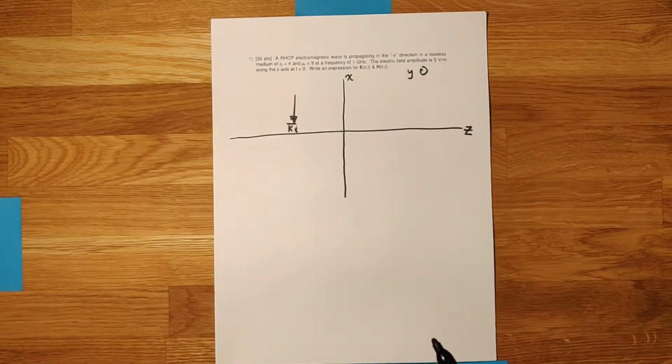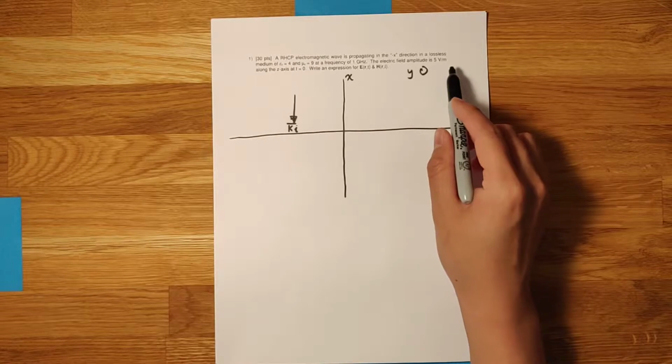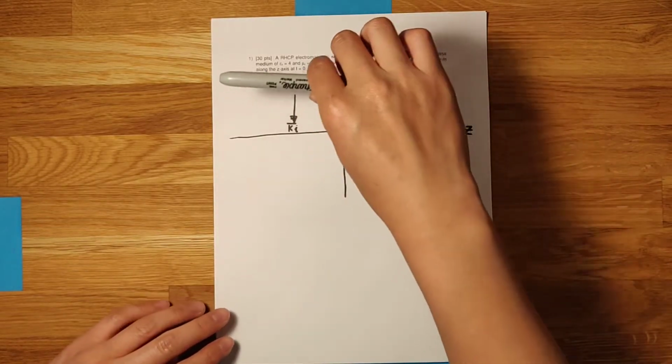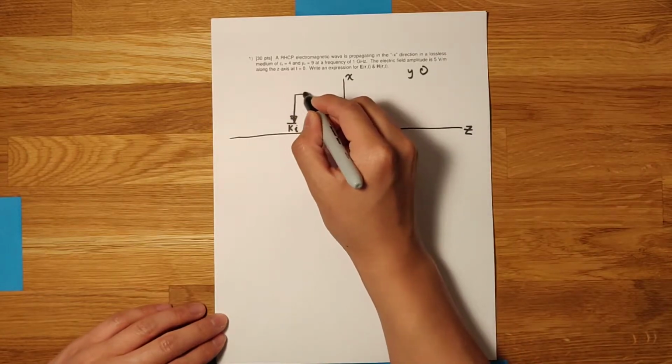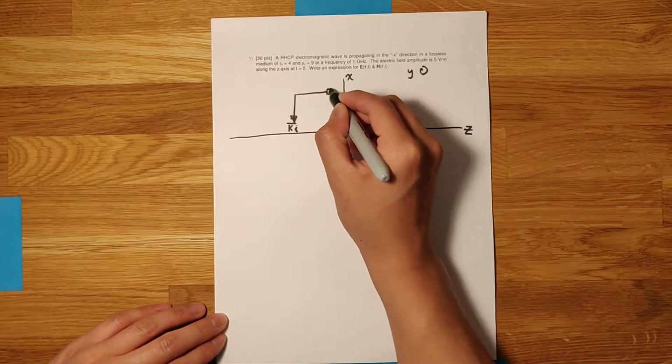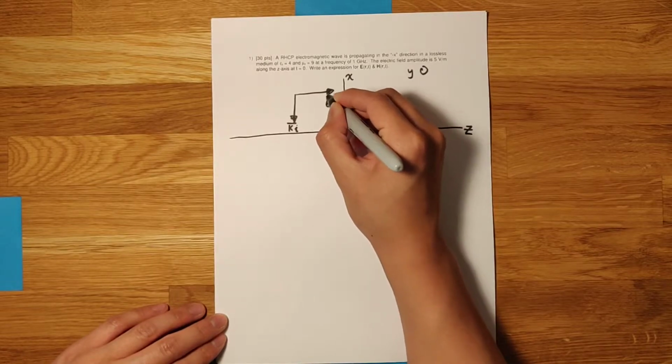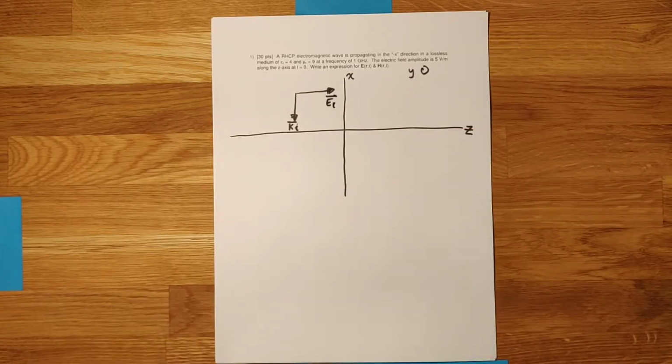Then, it's also saying that the electric field amplitude is 5 volts per meter along the z-axis. That means it will be going this way, which will represent our E. So now the question comes, what is our H? What direction is our H?